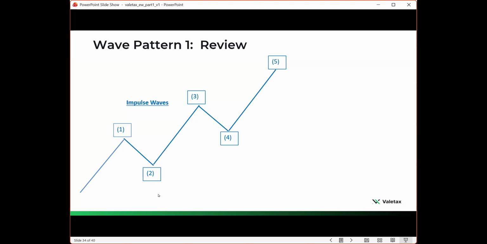It could come and retest this low here, or it could fall short. It doesn't matter, so there's no relationship here. All you know is that it's consolidating from wave one to wave two, and then all of a sudden it breaks out of the consolidation pattern. When you break this little pivot here, you're breaking out of that consolidation pattern, and now you're making a huge move up. This is called the institutional wave.